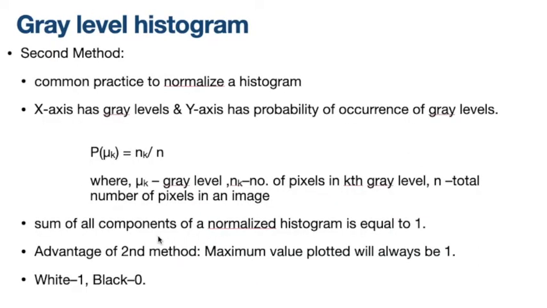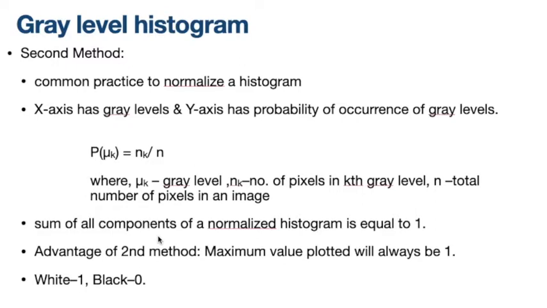The second method is after normalizing the values. It is a very common practice to normalize a histogram. We normalize the histogram because all the values will be between 0 and 1, so the maximum value plotted will always be 1.